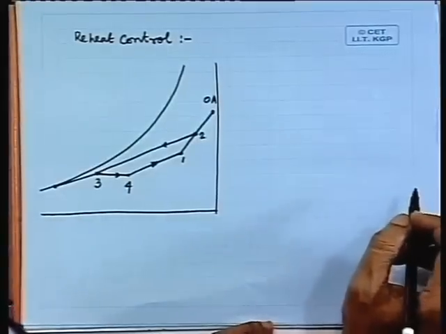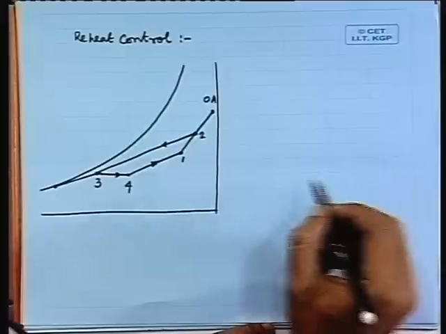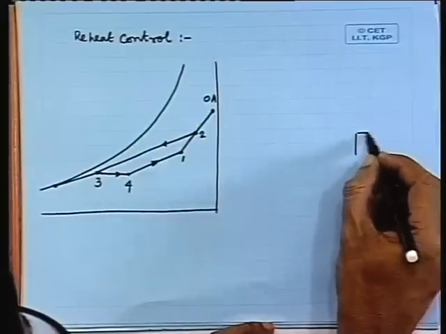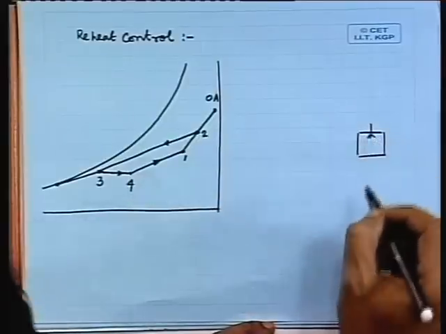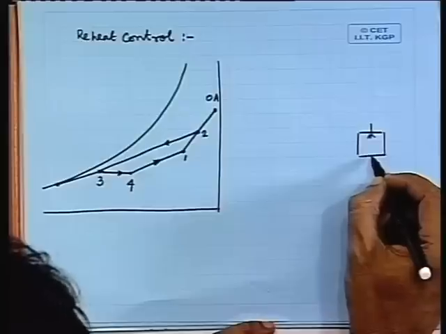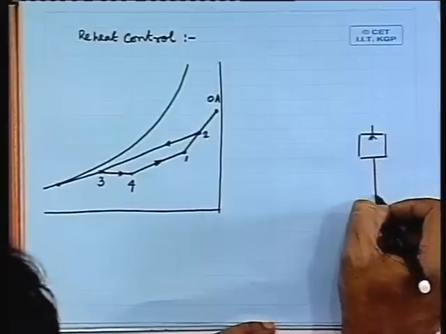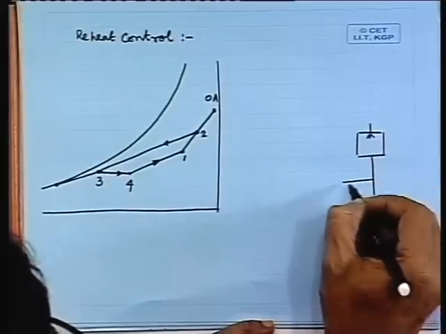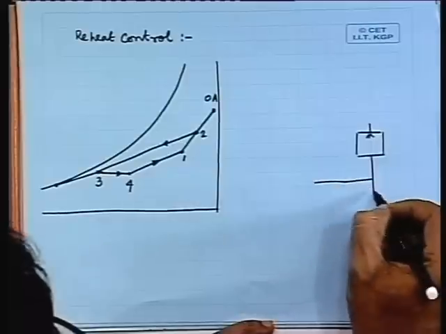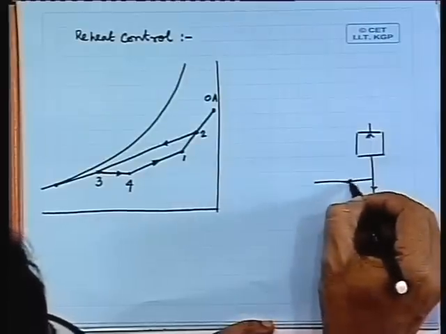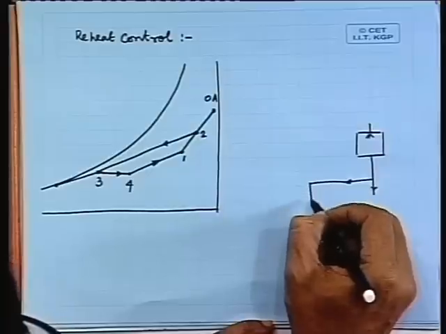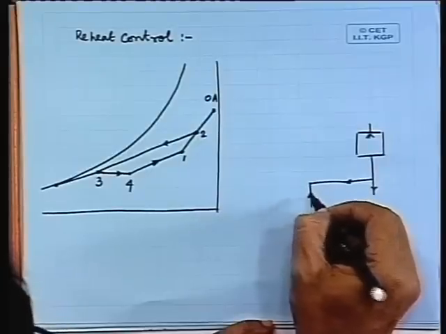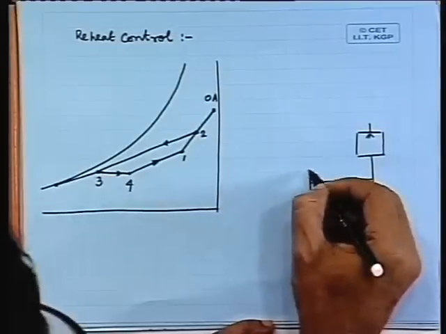And if we want to represent it schematically, we will have the room, supply air, then part of it will go out, the rest will be taken as recirculated air, and it will be mixed with fresh air.